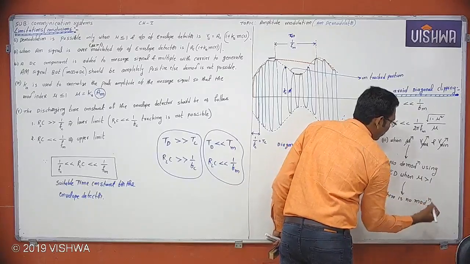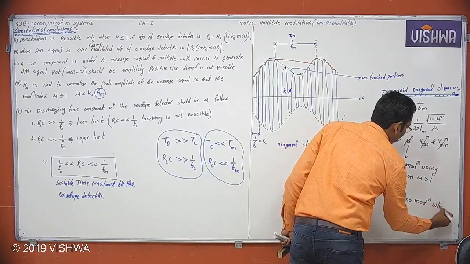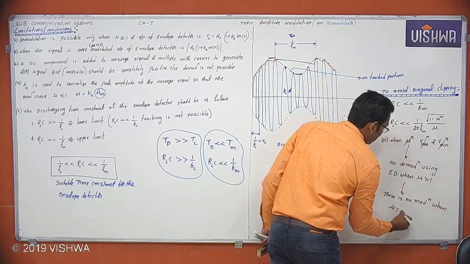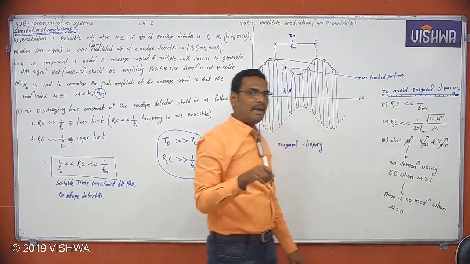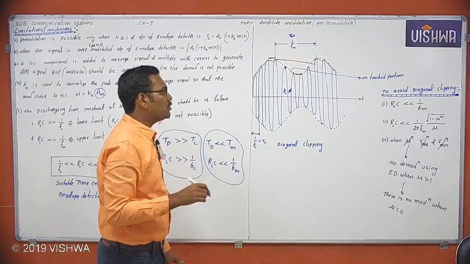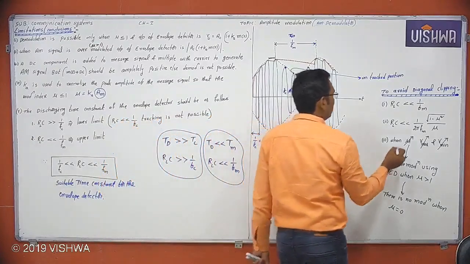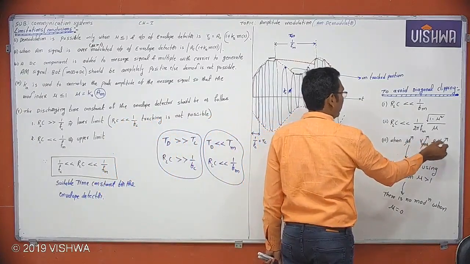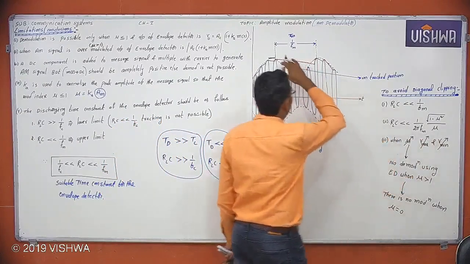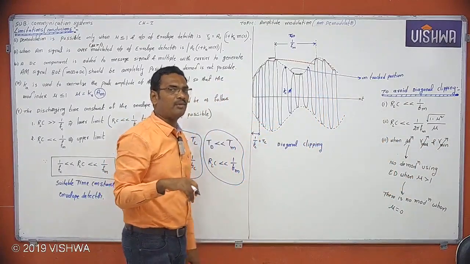These things happen when mu changes. So that is the reason why, when mu changes, V maximum and V minimum change, and the tracking portion becomes an untracking portion.